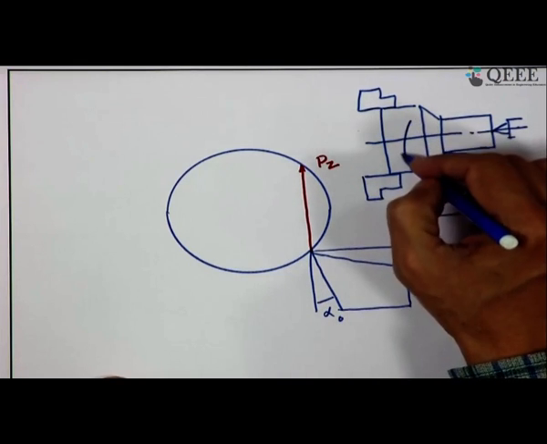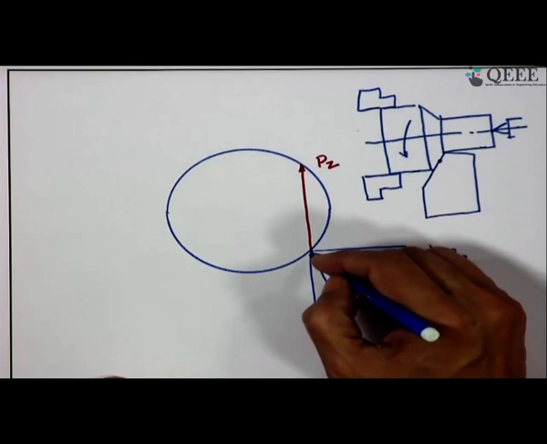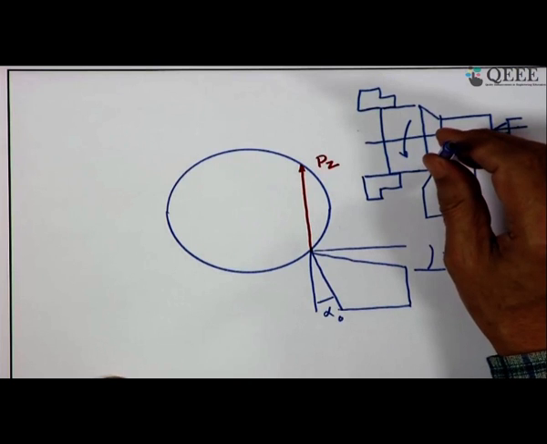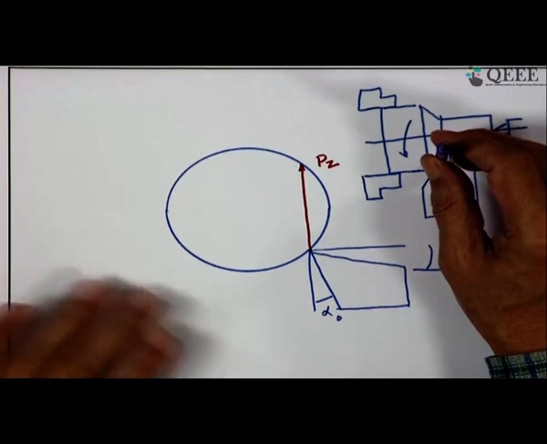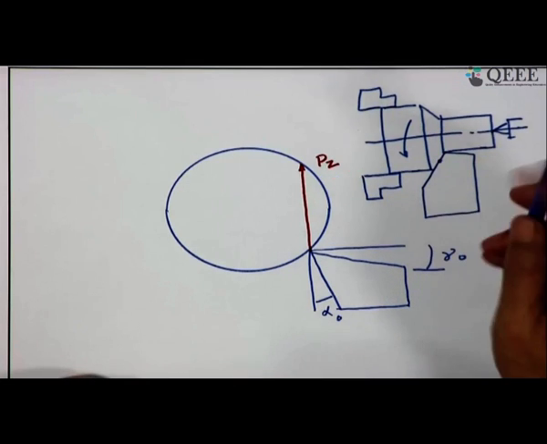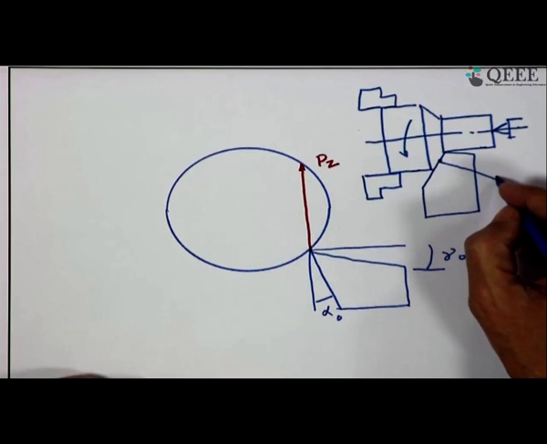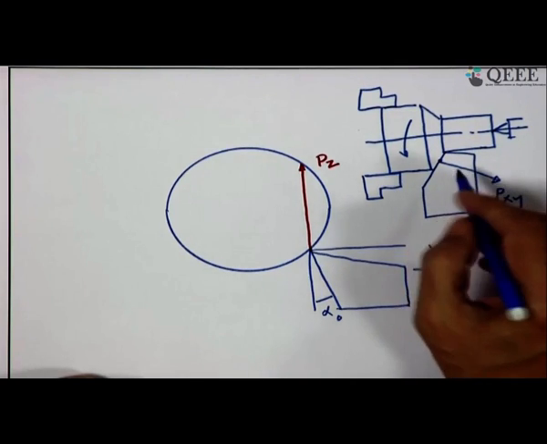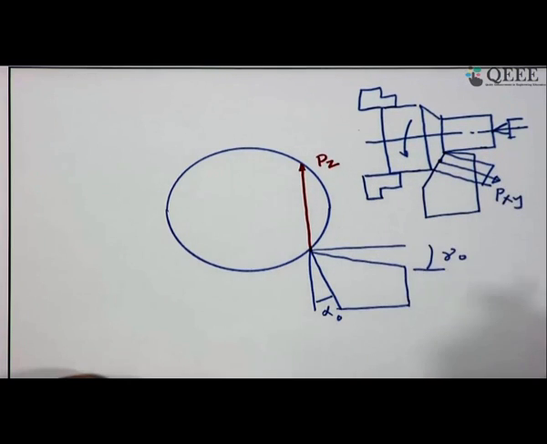Okay, it is spinning. So, this is one point I have considered here. So, where is the velocity? Velocity is like this, perpendicular to this plane of the paper, because it is tangential. And then what we see, Pxy, that thrust force, is in this direction. Why is it so? Because the chip is emerging out, flowing in this direction, that is the chip flow direction.